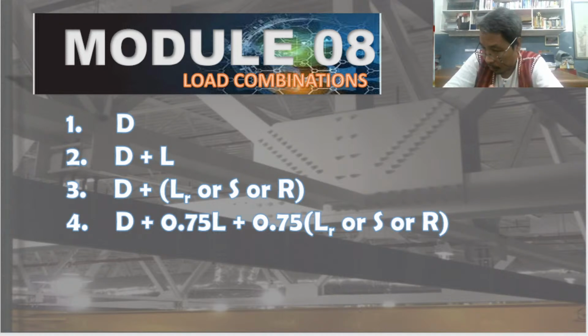Equation number 1, you have to memorize it this way: dead load. Equation number 2, dead load plus live load. Equation number 3, dead load plus roof live load or rain load or rainfall load. Equation number 4, dead load plus 0.75 live load plus 0.75 roof live load or rainfall load.